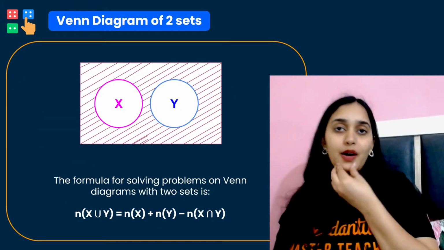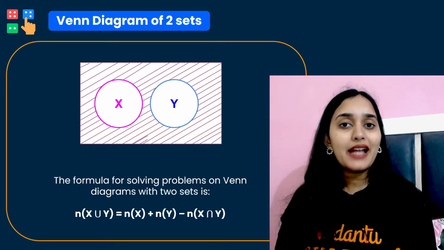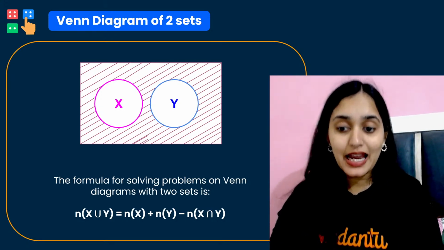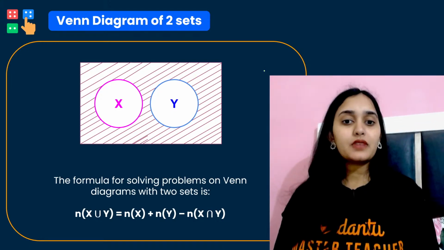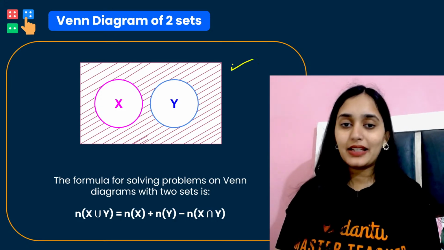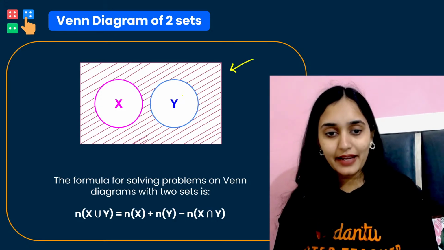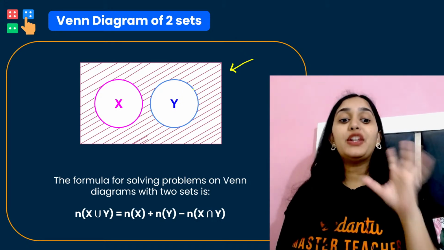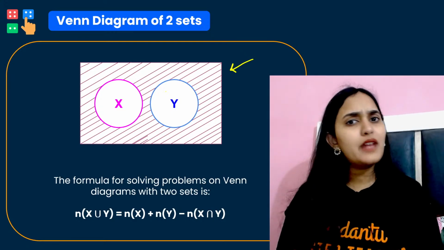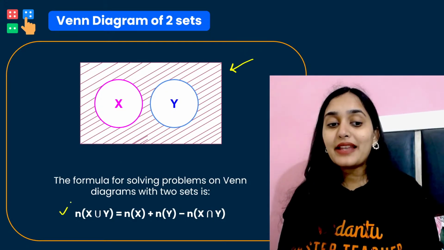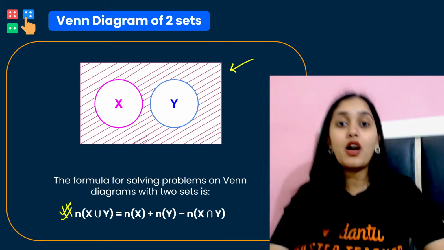Now, the main formula that is used to solve any type of Venn diagram problem is this: if you have two sets, they can be represented as a rectangle containing two circles, X and Y. If you want to know the union of two sets, what do we understand by union? Union basically means the combination of two sets all together.